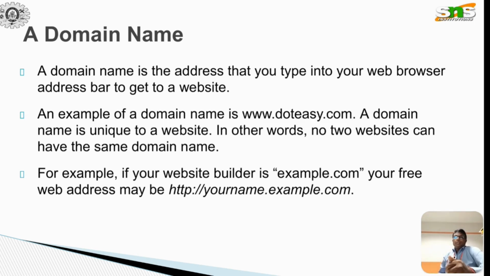We call them URLs, Uniform Resource Locators. So a domain name is the address that you type into your web browser to get a particular website. We already know a web browser is software using which we access our web pages. So a domain name is the name of a website. For a simple example, google.com, google.co.in, these are domain names.